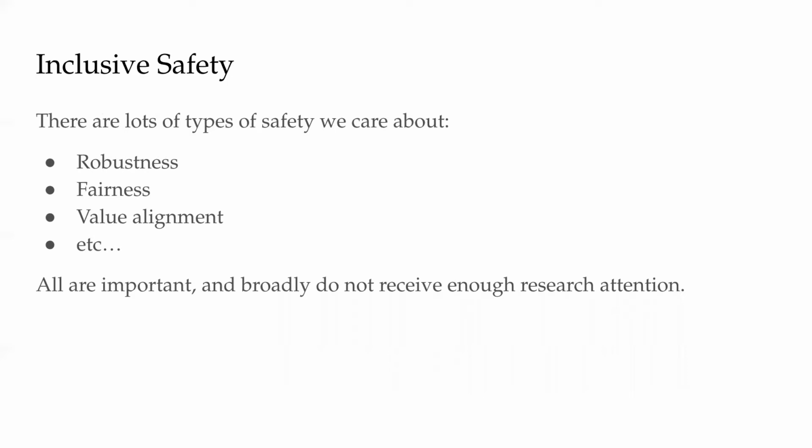This talk is going to focus most of all on value alignment, but other things such as robustness of systems or fairness, things that we already see a lot when it comes to how do we ensure that self-driving cars are reliable, how do we ensure that hiring decisions and loan decisions are made in an equitable manner. These are all forms of safety that affect how we deploy AI in the real world. And any understanding of safety should be rooted first and foremost in the real question of how do we keep things safe? How do we make sure that everything is working correctly?